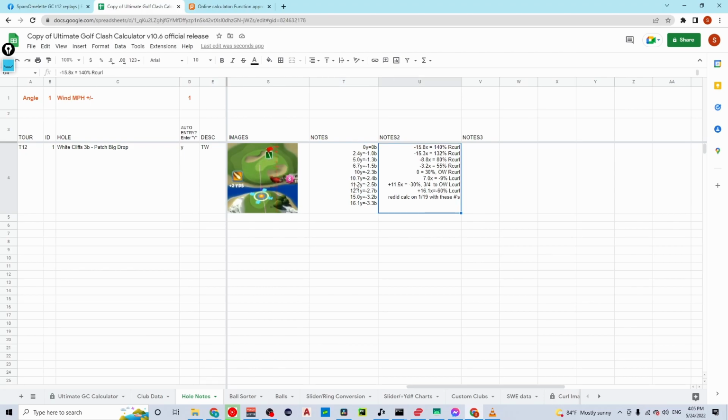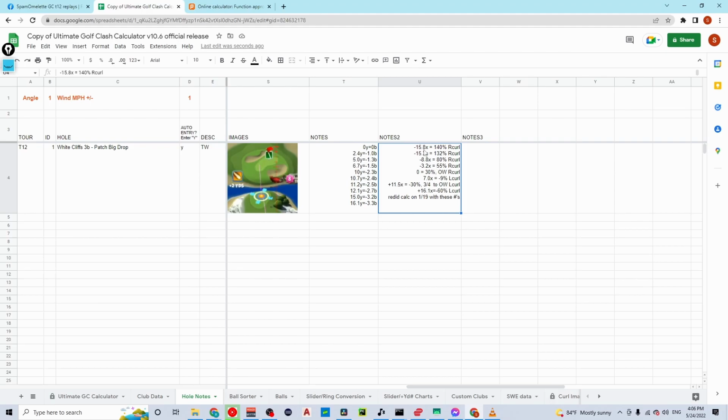Same with the curl, left to right. I wanted to simplify this hole, so I always put 2 right spin on it and then just adjusted by curl and tracked these numbers. Right here I saw that at 0 X, where there's pure tailwind and no crosswind, I need a 30% right curl.